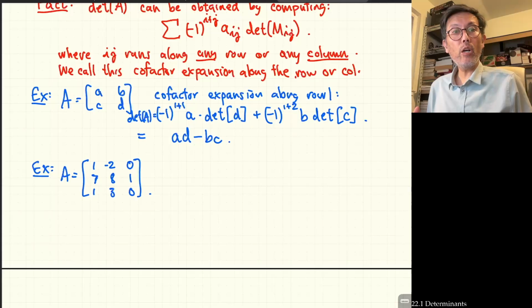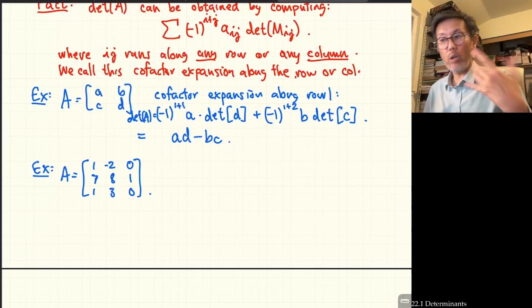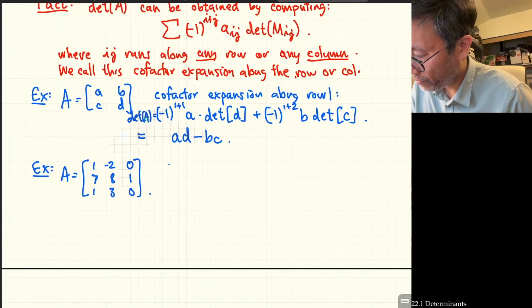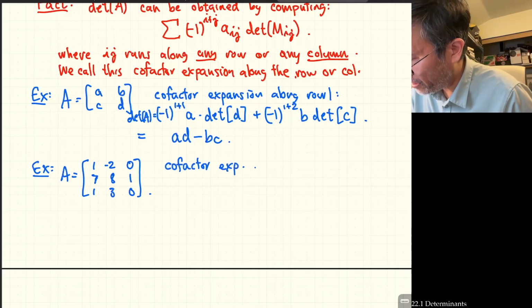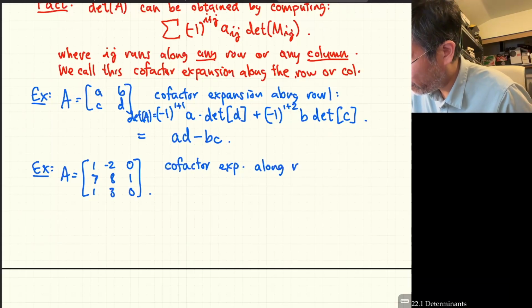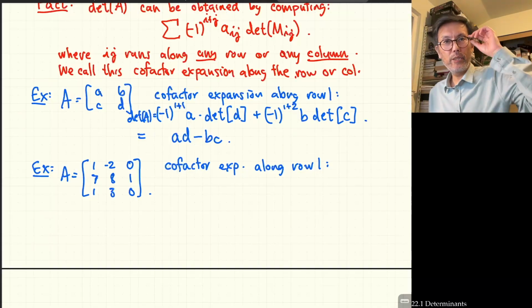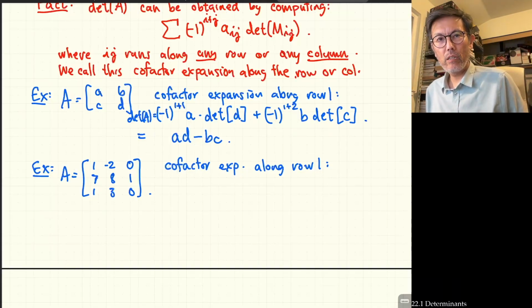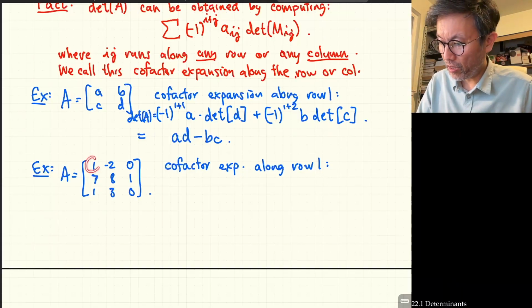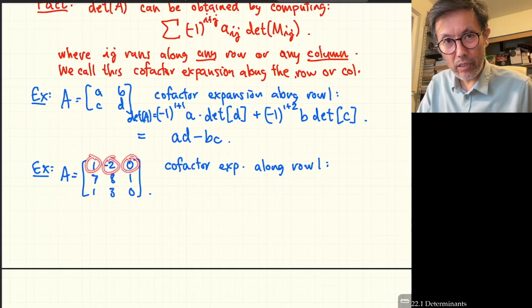Well, I could do cofactor expansion along row 1, just like I did before. And I'm going to do this once. So I'm going to think about cofactor expanding along here.